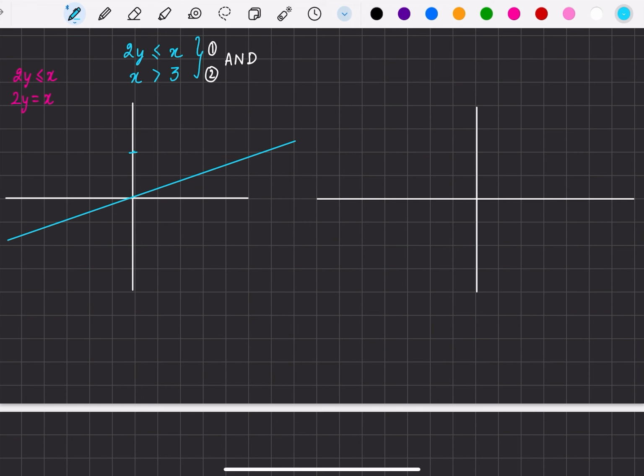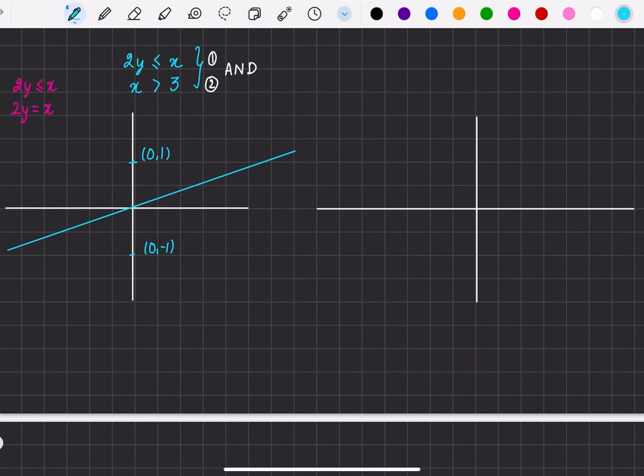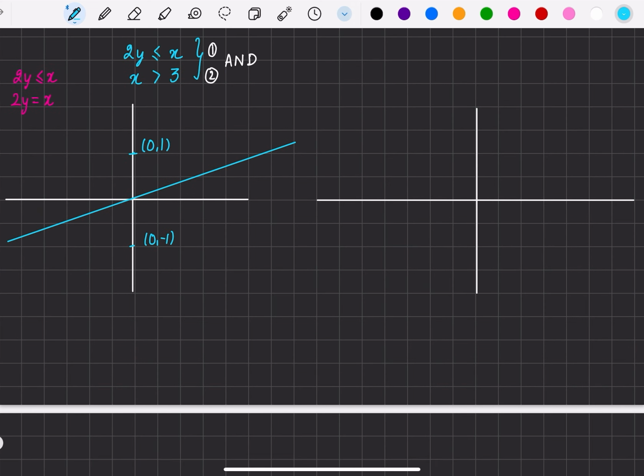The most convenient choice is usually (0, 1) and (0, -1). You have to make sure that these points do not lie on this line, we need them to lie completely in the region, because if they lie on this line, they are going to satisfy the equality. We are trying to figure out if the points satisfy the inequality.